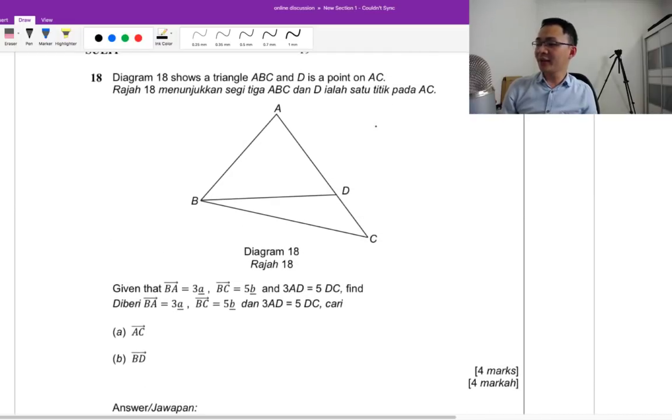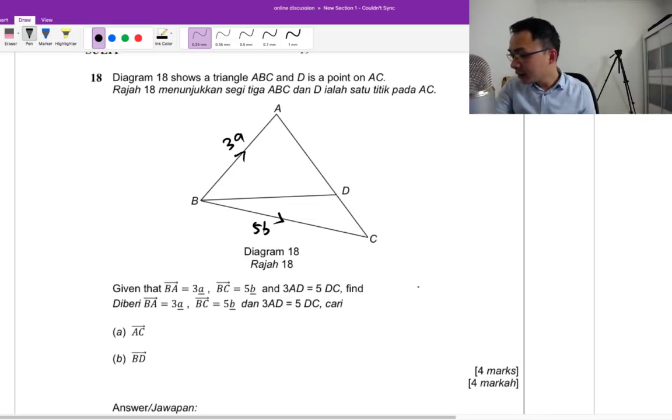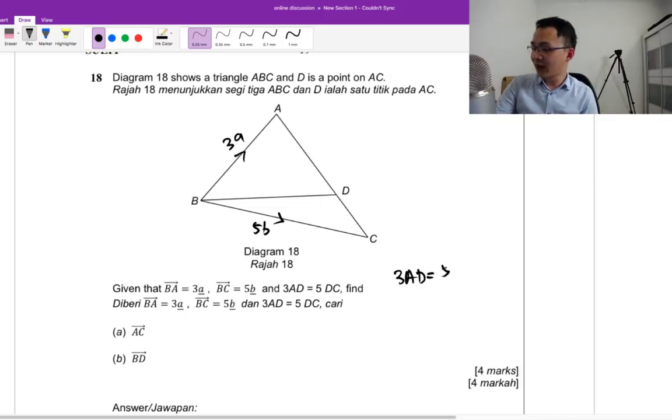The diagram shows a triangle ABC and D is a point on AC. So BA is 3A, so B to A is 3A here, and B to C is 5B here. Normally when I see something like this, I will make it into a fraction. 3AD equals 5DC.